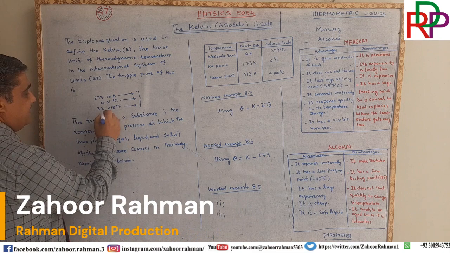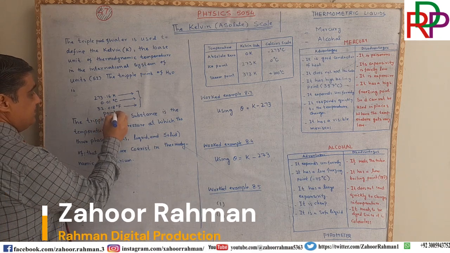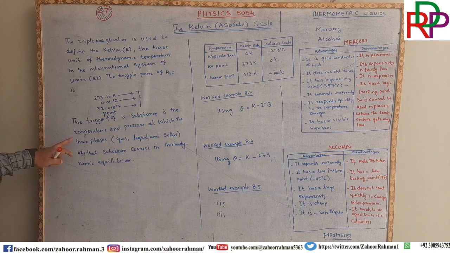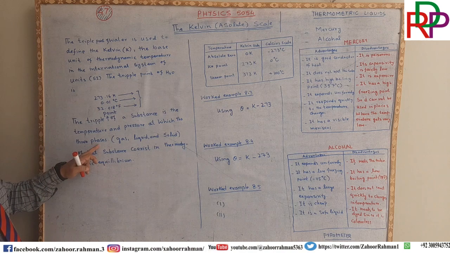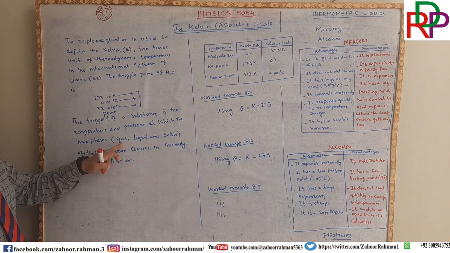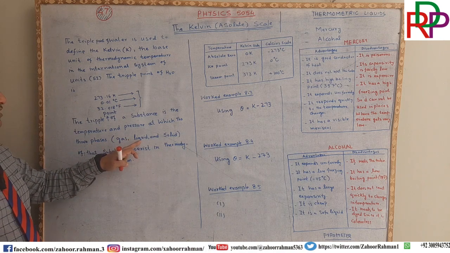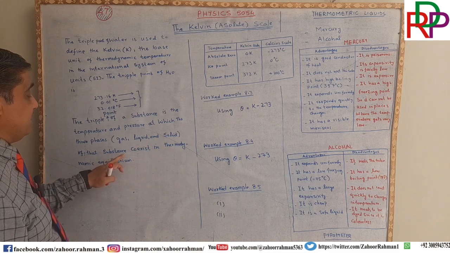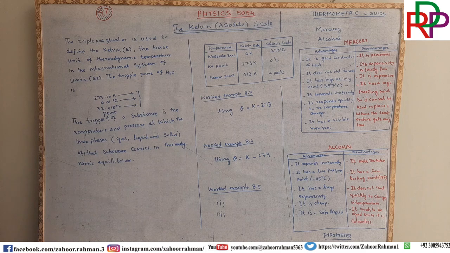The triple point of a substance is the temperature and pressure at which three phases, gas, liquid, and solid, of that substance coexist.